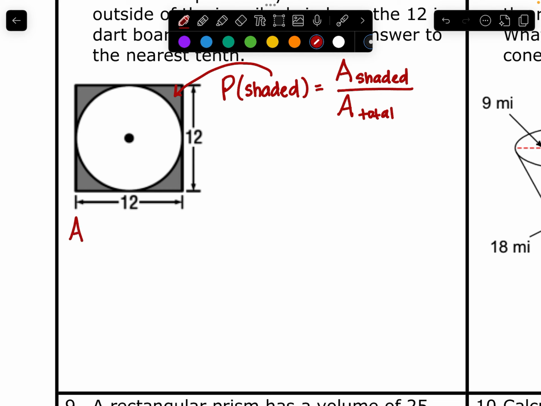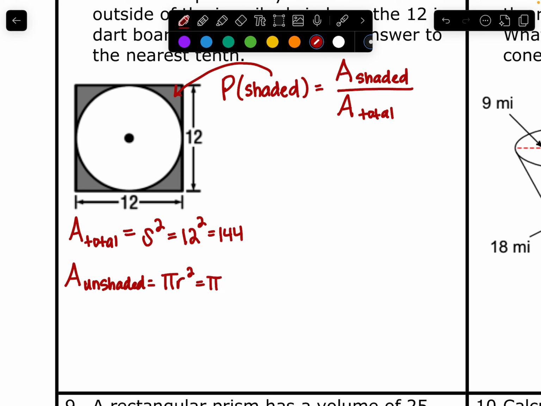So let's find the area of the whole thing, which is a square. So the side length of this square is 12, so the area of the whole thing is 144. To find the area of the shaded region, we're going to have to find the area of the circle, which is unshaded. Circle area is pi r squared.